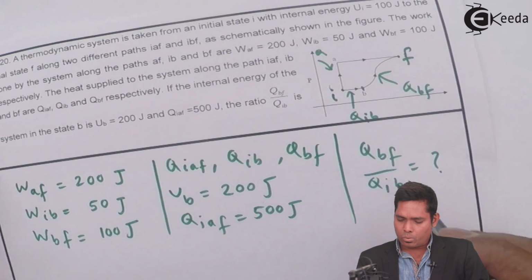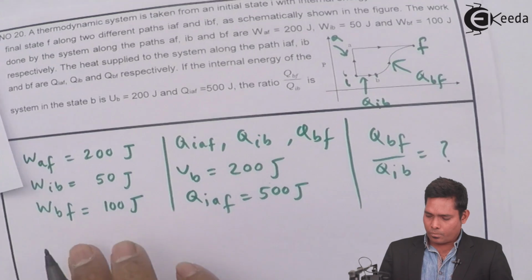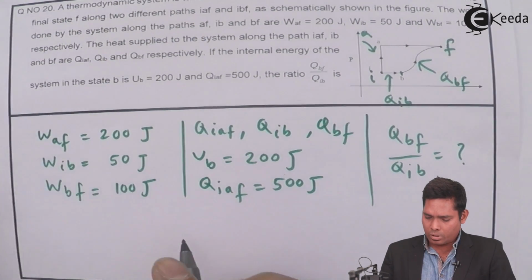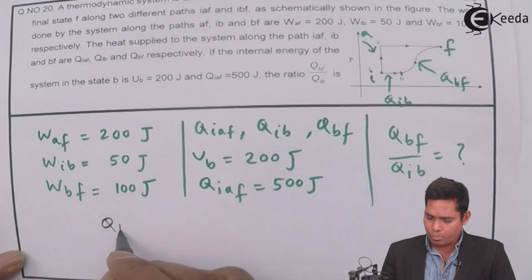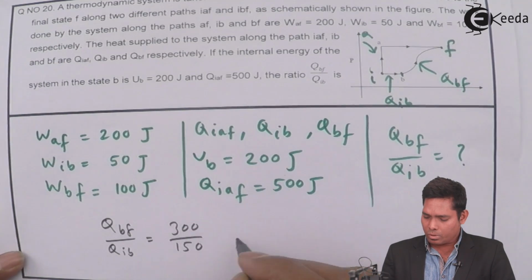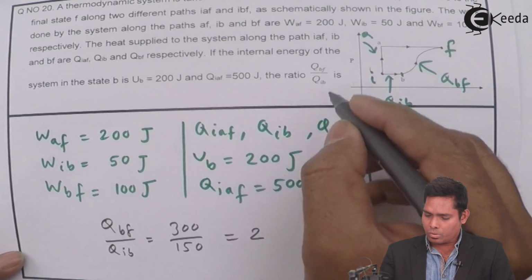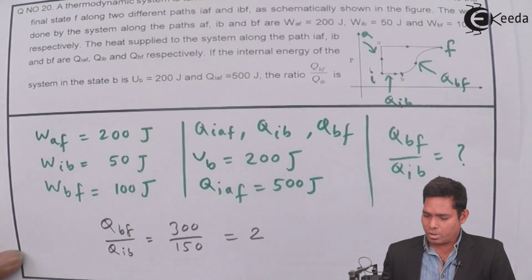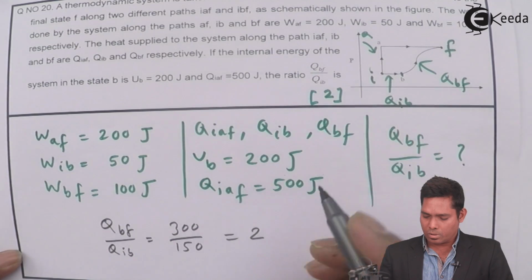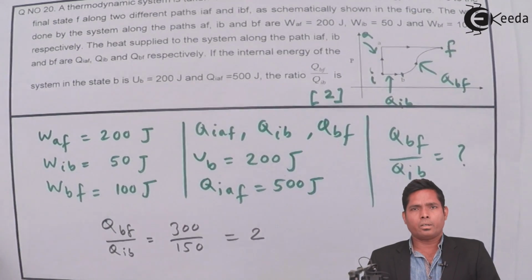We got 300 for Q BF and 150 for Q IB. So the answer is 2. The ratio is 2. This is the answer to this question. Okay, thank you.